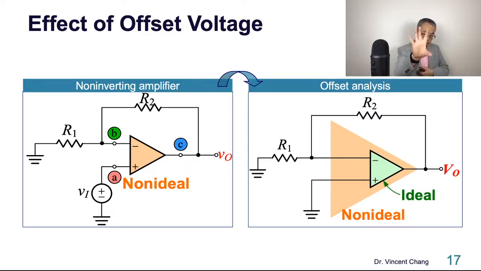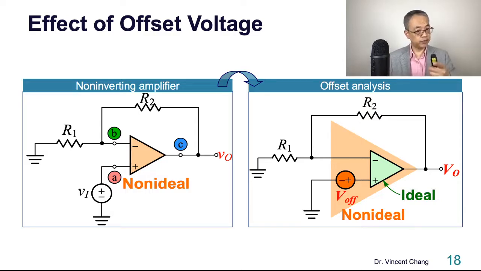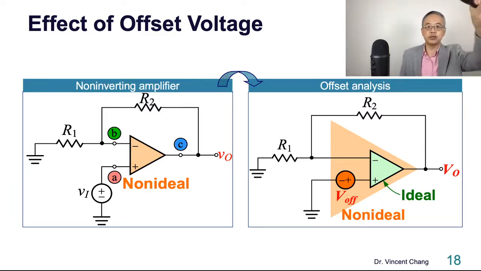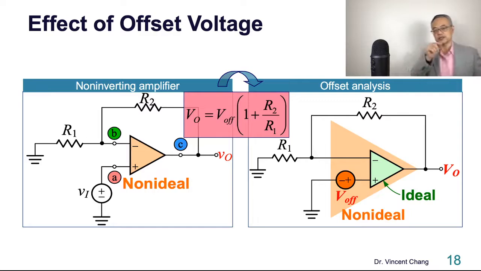So a non-ideal real op-amp is composed of an ideal op-amp plus a source. That source is called input offset voltage. That's easy. The answer? Non-inverting amplifier, right? Virtual short. Then what? Times 1 plus R2 over R1 is this.